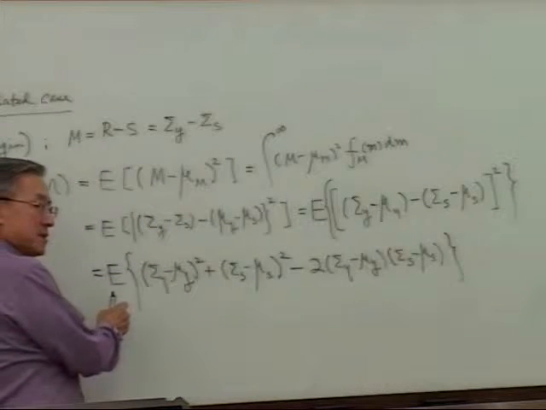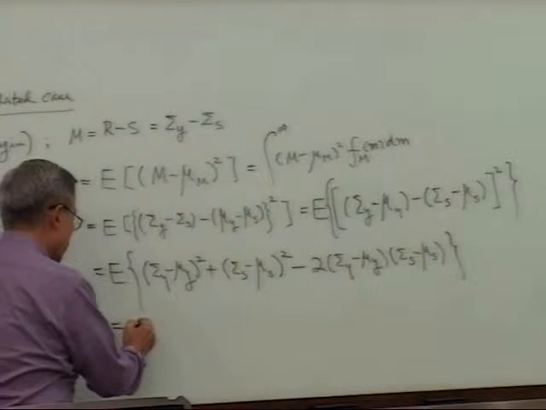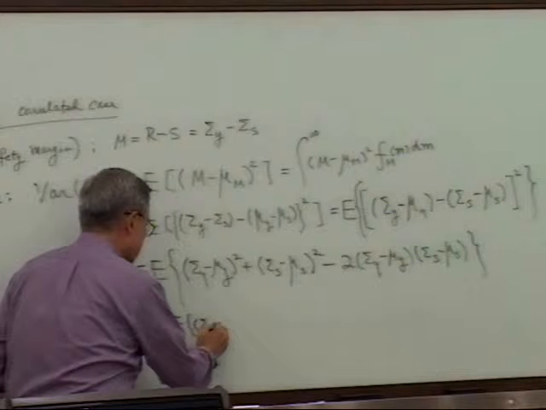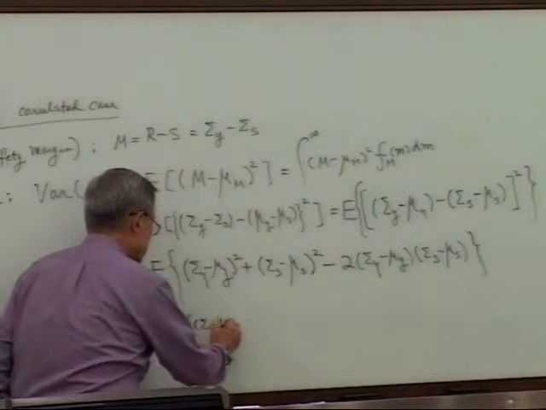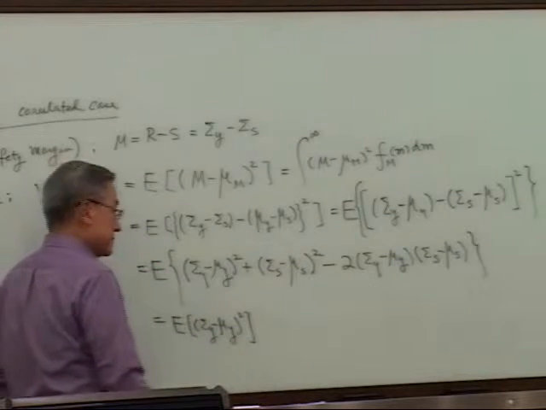Now I'm going to apply the expected value to each term. So this is equal to E of (sigma y minus mu y) squared, first term, right?